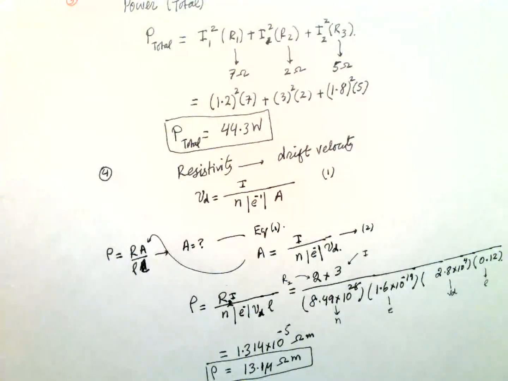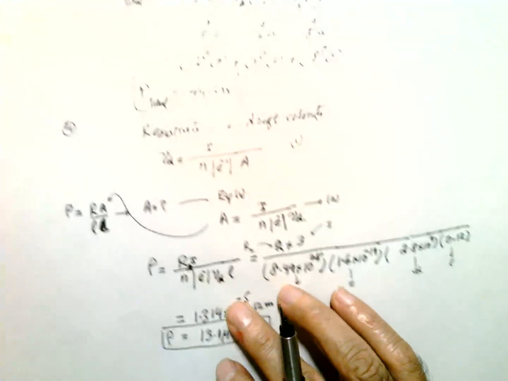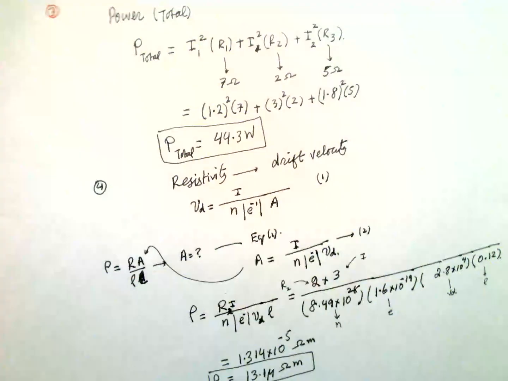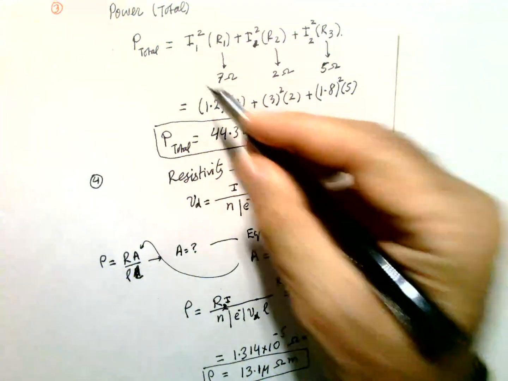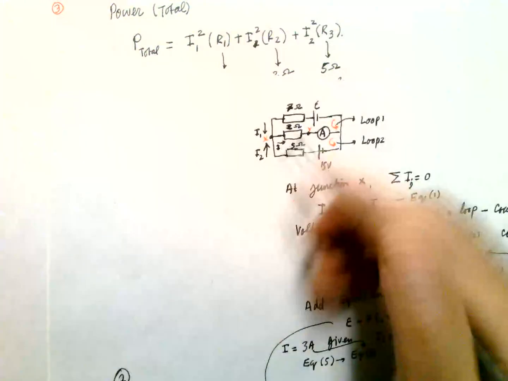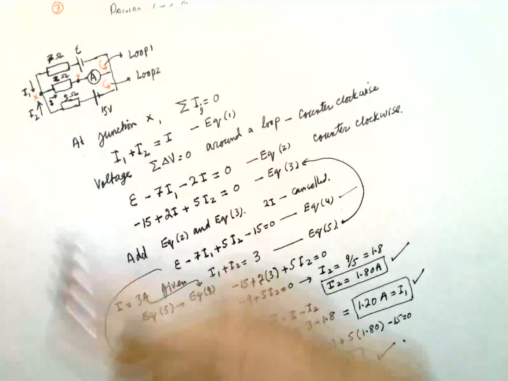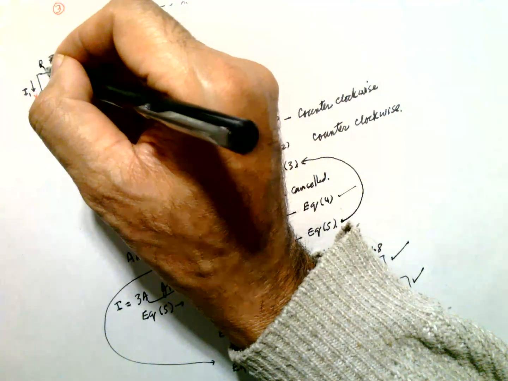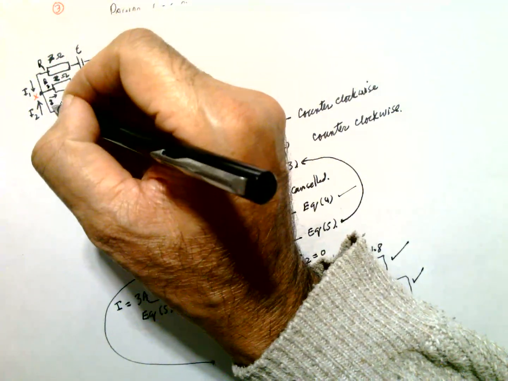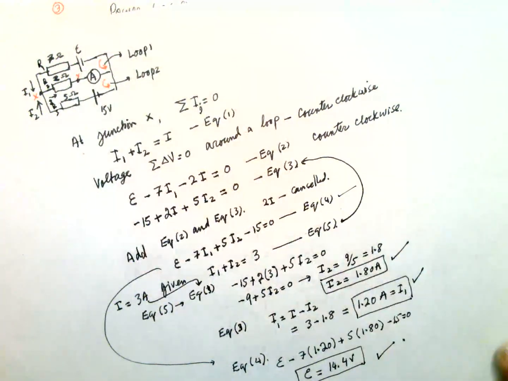Next one is power. Power in the circuit is I squared R. This is R1, R2, and R3.